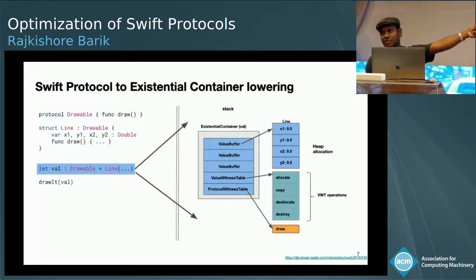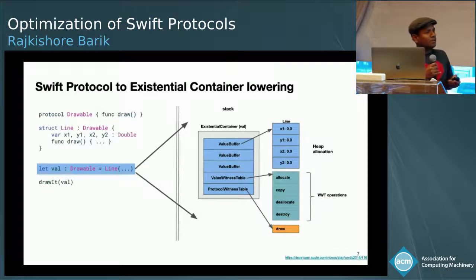I don't need all these existentials that you create on the right hand side. Or there are cases we'll talk about, such as if Line was passed as an argument to a function, what can I do about it? All these overheads blow up not only the code size but also the performance, because you have to go through all these indirections and maintain these existential containers.